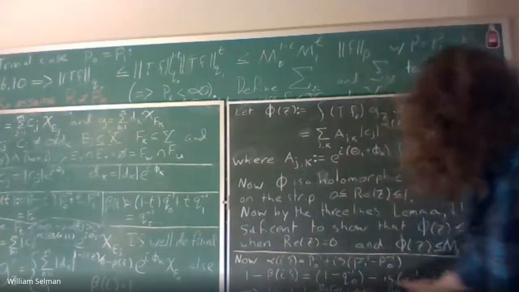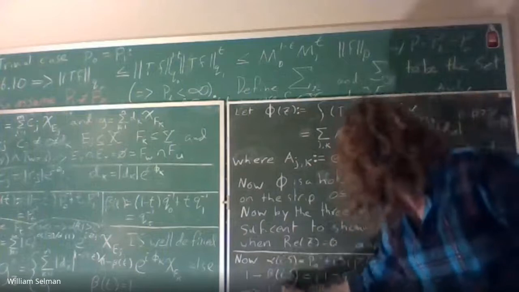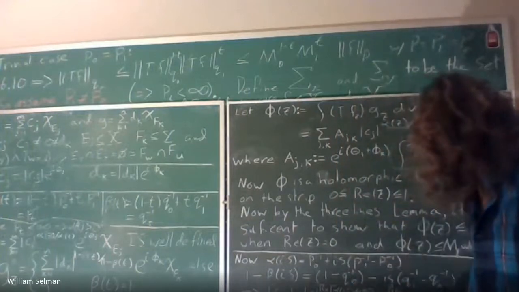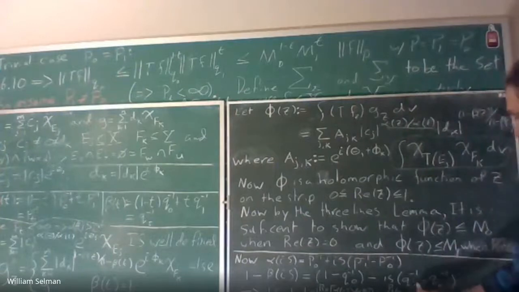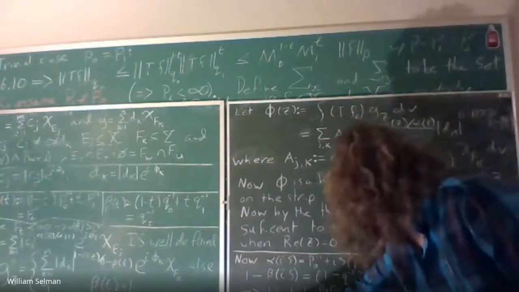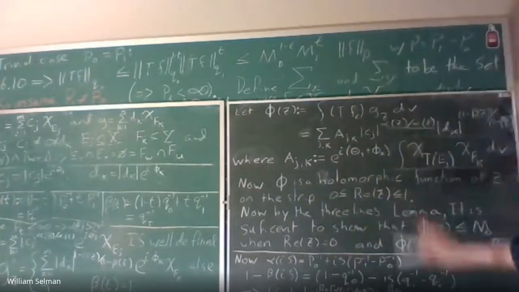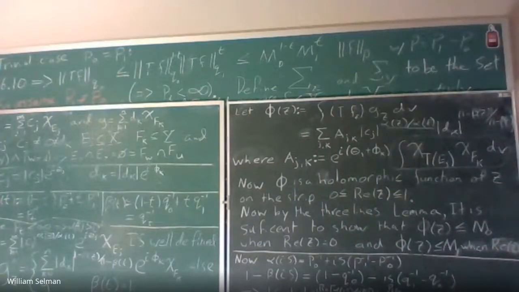And then we get the same thing here: 1 minus beta of IS is equal to 1 minus Q naught inverse minus IS, Q1 inverse minus Q naught inverse. And then that gives us this identity here. That's a lot to handle, but I did it on a separate board, so give me a second. I'll pop that up here.